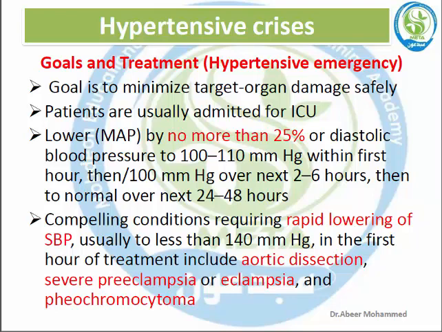In the other cases, other than aortic dissection, eclampsia, and pheochromocytoma, we just reduce the blood pressure by 25%.